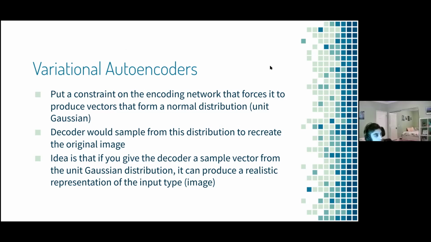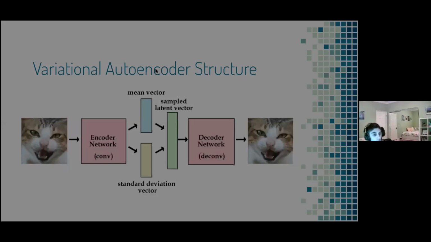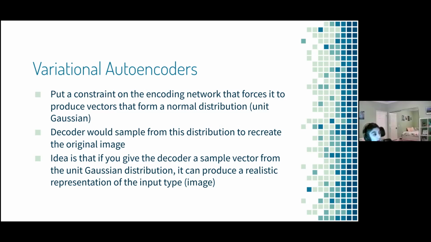Yeah, I'll just add, the reason this doesn't work with a normal autoencoder is that you're not representing the latent space as a probability distribution. So if you randomly sample a point in your latent space, it's very likely not going to represent anything meaningful, because a normal autoencoder is just discretely trying to encode information.